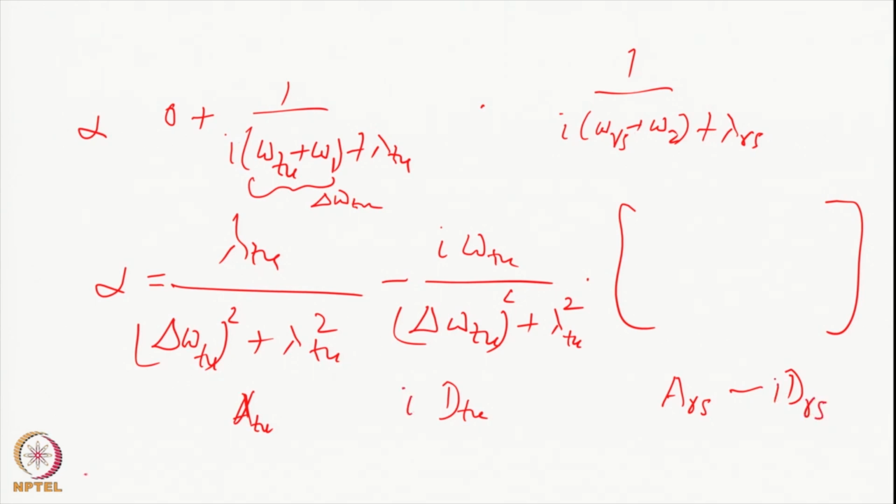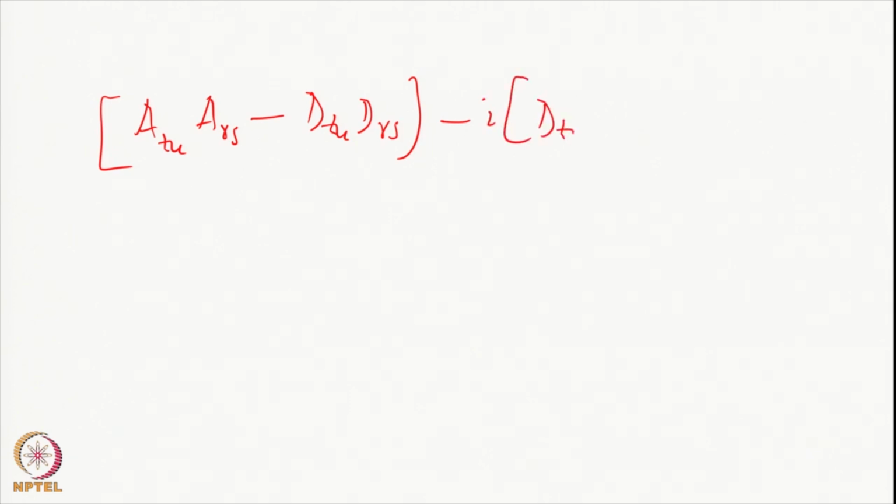Now, when you take the product, you will get ATu ARs minus DTu DRs, minus i DTu ARs plus ATu DRs.